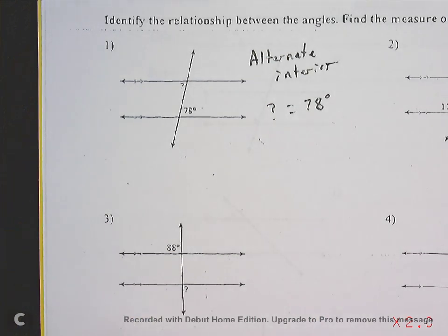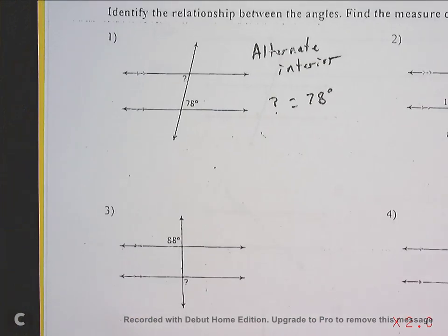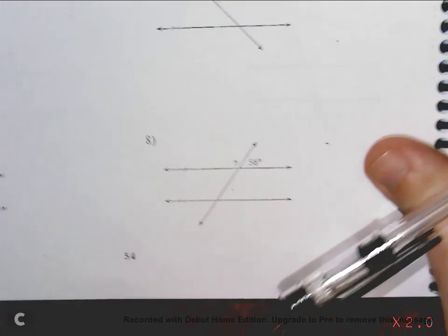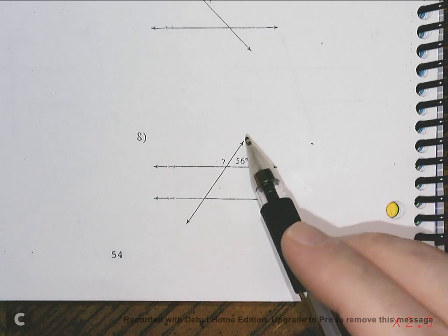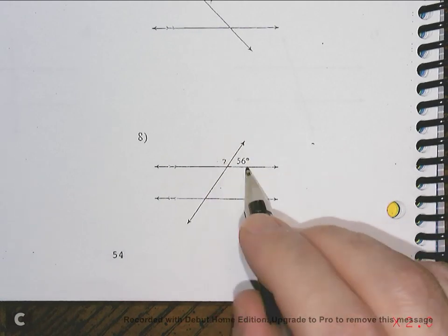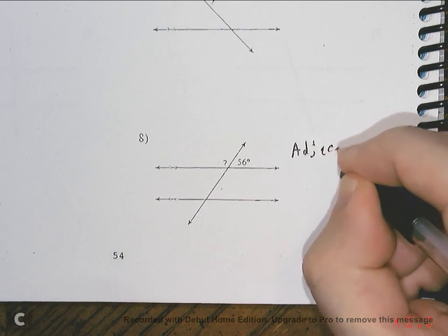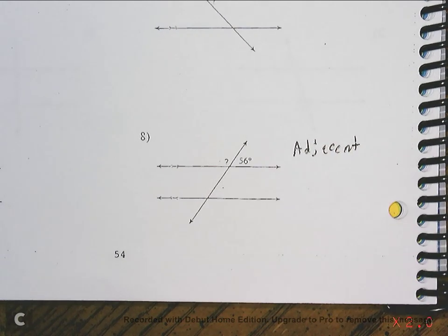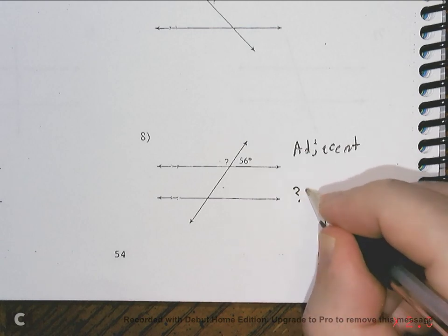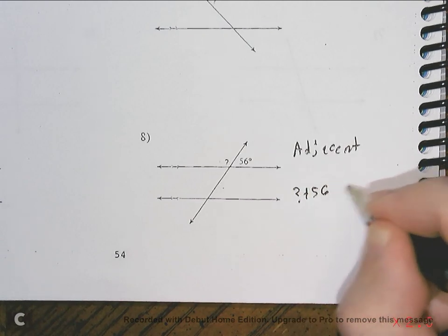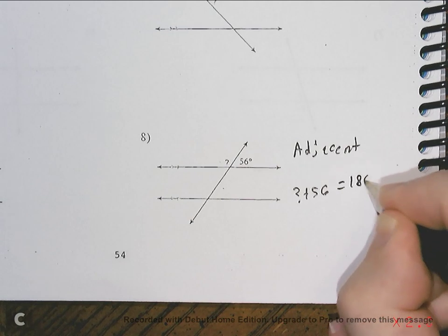Okay, not too tough, right? Same idea on a lot of these. Like on number 8, though, these are adjacent angles, right? Because they share a side, they're right next to each other. So those would be adjacent. Adjacent angles add up to 180. So this question mark plus 56 has to equal 180.